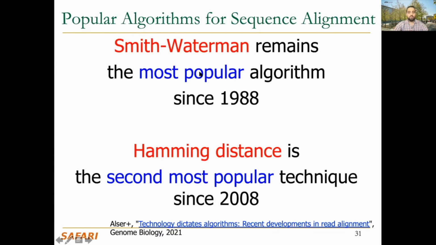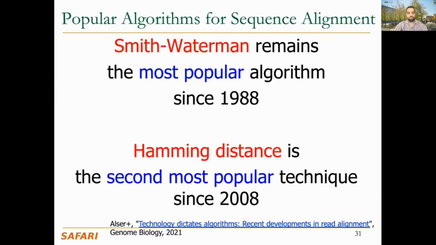Now, what are the popular algorithms to be used? Since 1988, people were using Smith-Waterman, which is a very expensive algorithm, but was the most accurate algorithm ever existing until now. People are also surprisingly using Hamming distance. Hamming distance cannot capture insertions or deletions, but can capture substitutions very well.